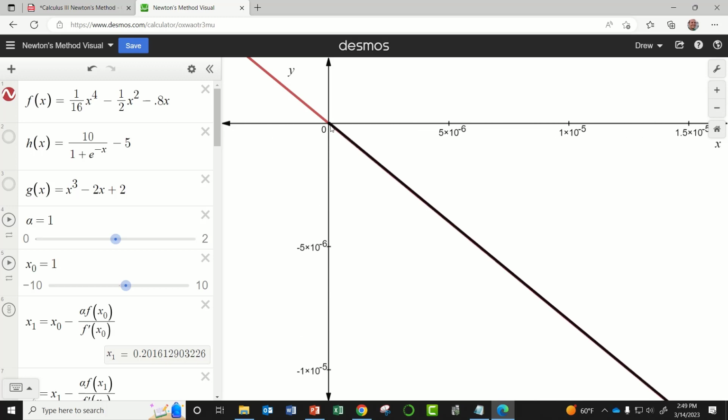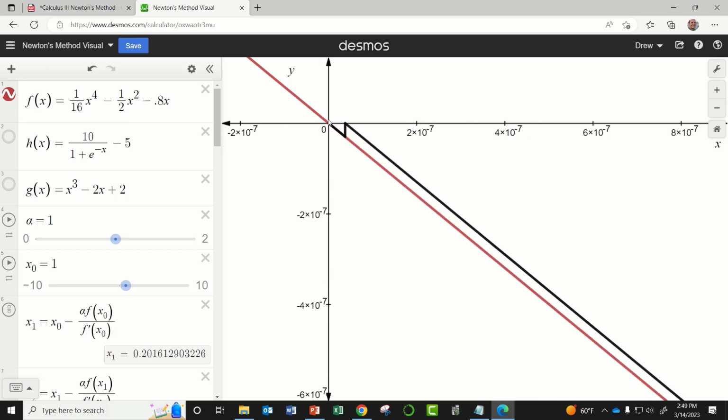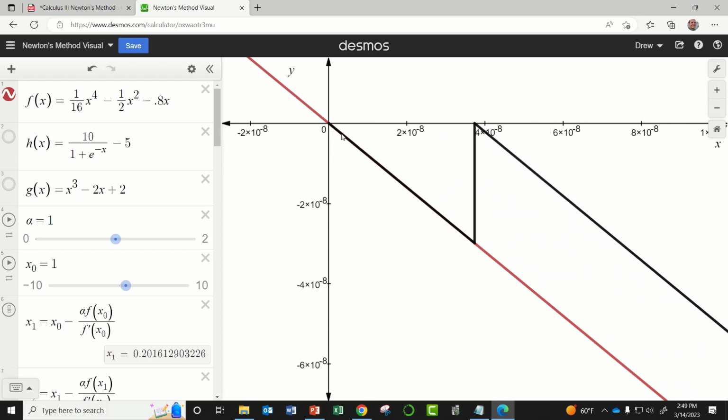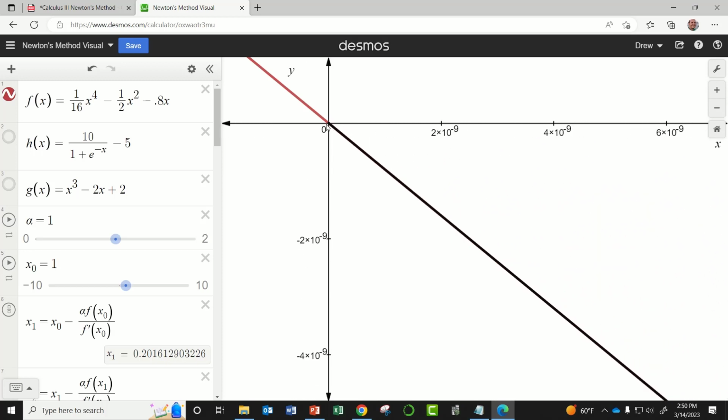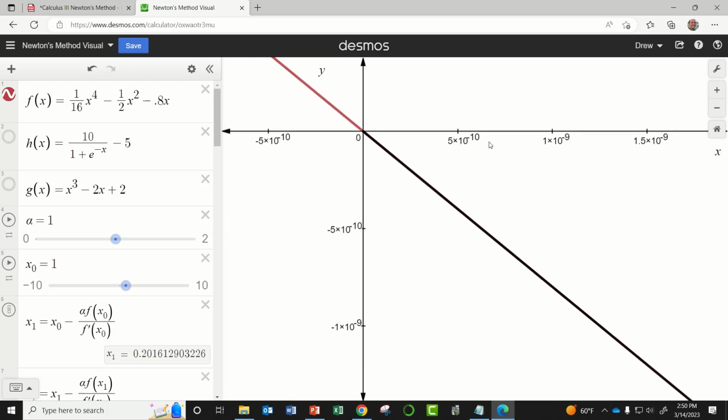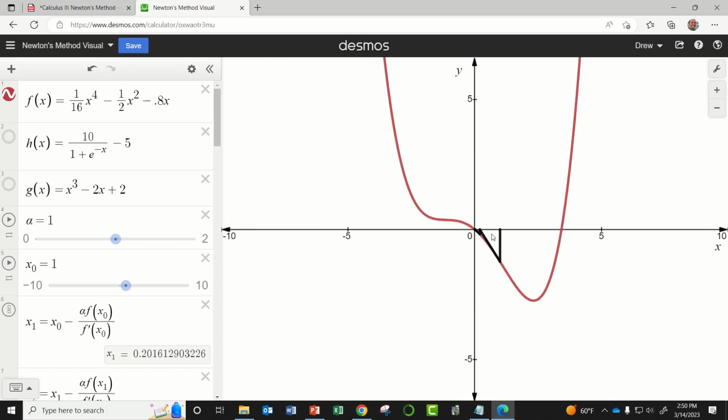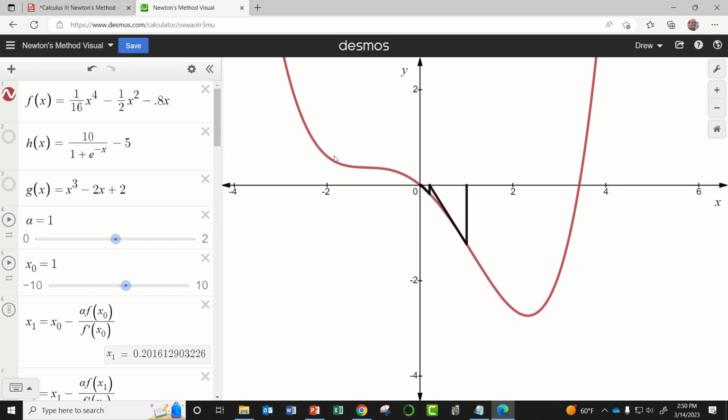And that, my friends, gets us very, very close to the 0 of the actual function. And there's another step in the iteration process, but you'll notice that I'm getting very, very close using these Newton method iterates to the actual 0.